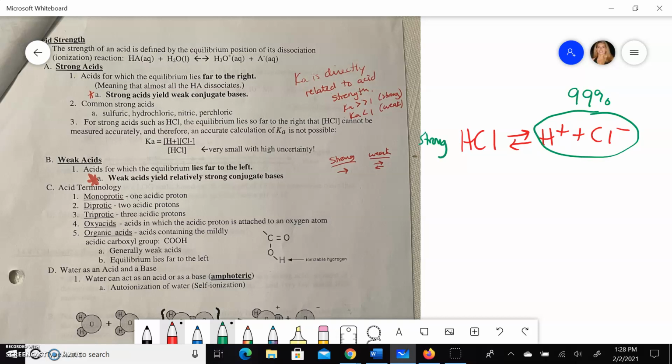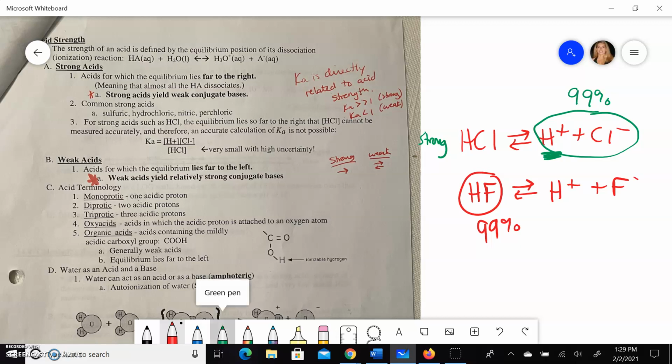And the definition of strong is that it produces a lot of H plus, meaning that it breaks apart pretty much completely. If we had a weak acid, some of it will break apart into ions, but like 99% of it will stay together as the HF. So again, strong acids break apart completely, weak acids mostly stay together and just break apart a little.